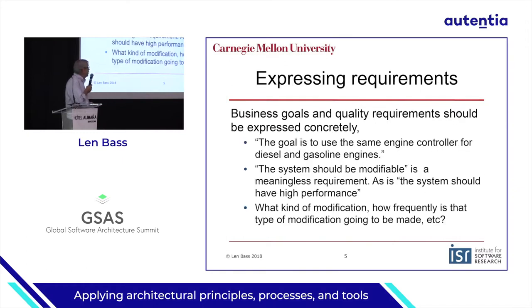Well, how do you express the requirements? One of the things that I've seen a lot of is that requirements are so vague as to be meaningless. So requirements have to be concrete. That can be either user stories or quality attribute scenarios. And they have to be actionable.